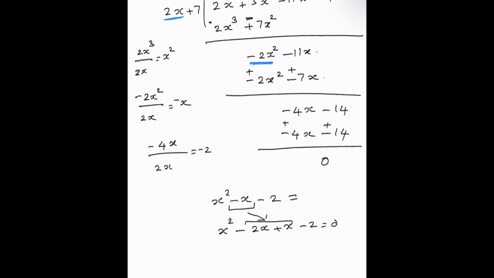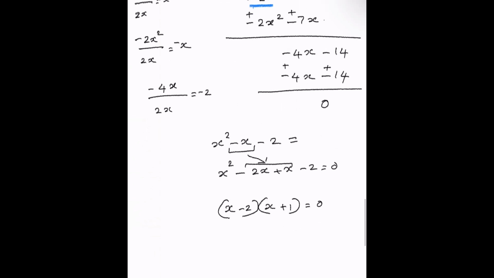Minus 2x plus x will give me minus x. So this is nothing but x minus 2 into x plus 1 equal to 0 is what I'm getting.